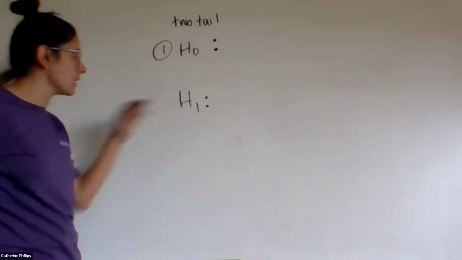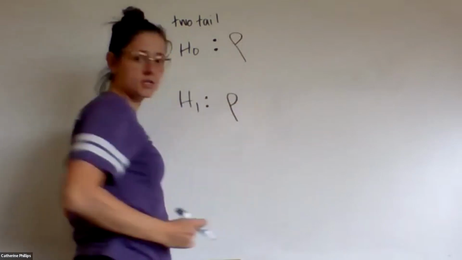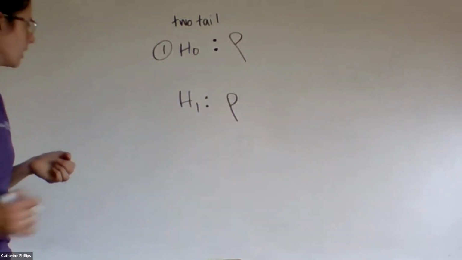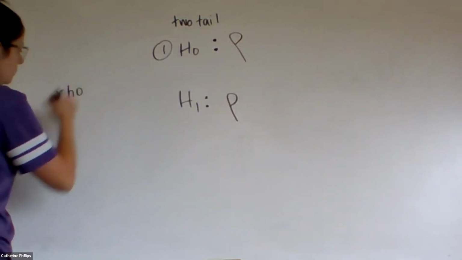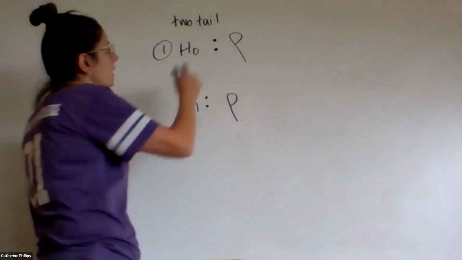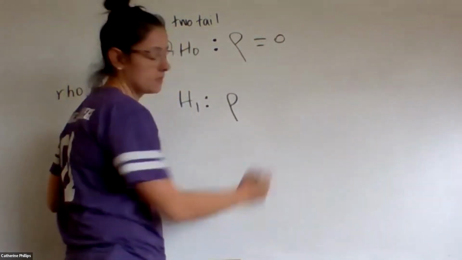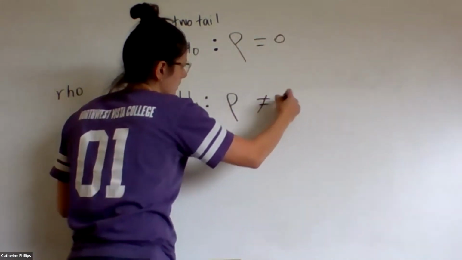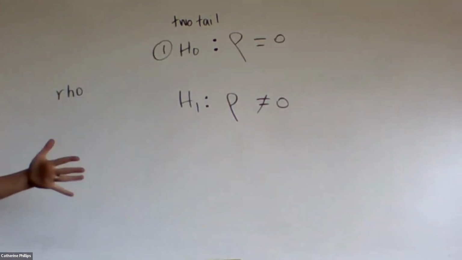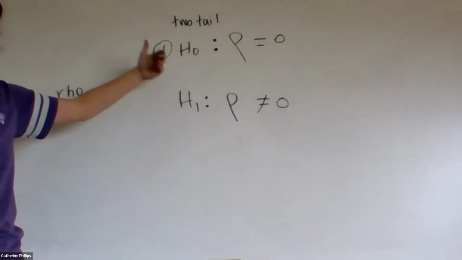For a two-tailed test, the symbol for correlation is rho, spelled R-H-O. And the hypothesis is that rho is equal to 0, and the alternative is rho is not equal to 0 because it's a two-tailed test. We have the equals and does not equal.